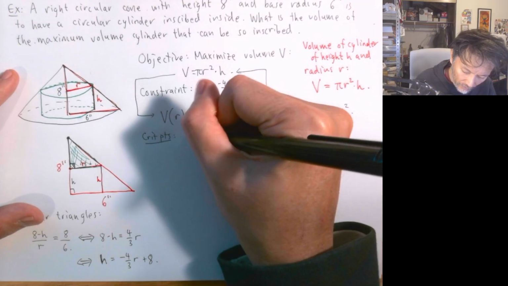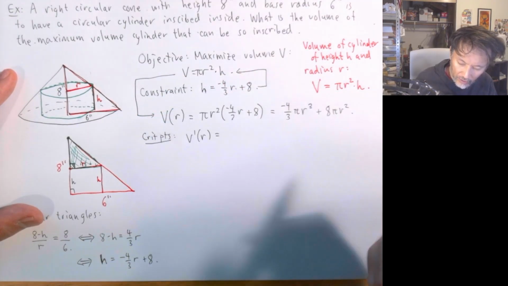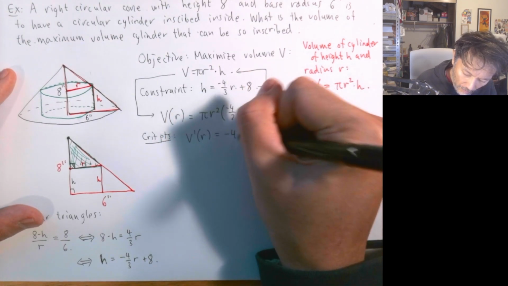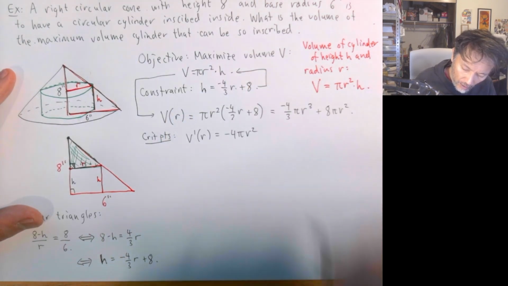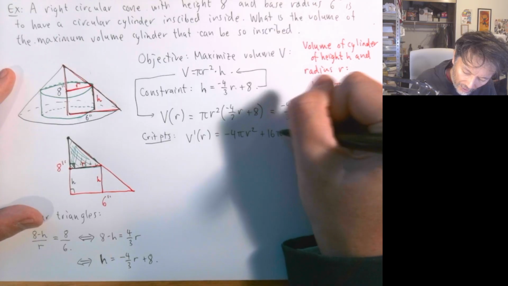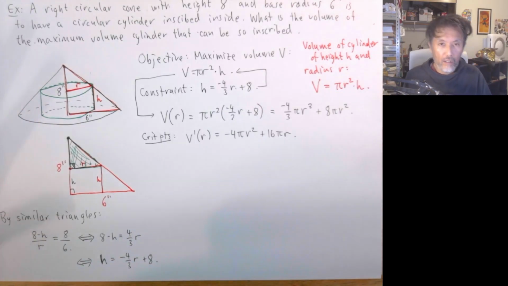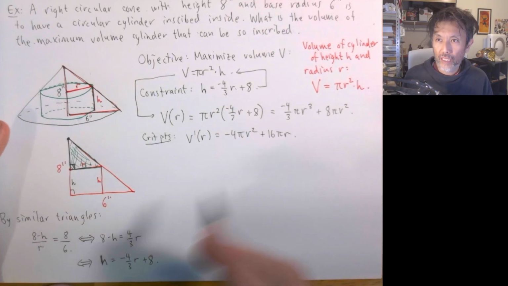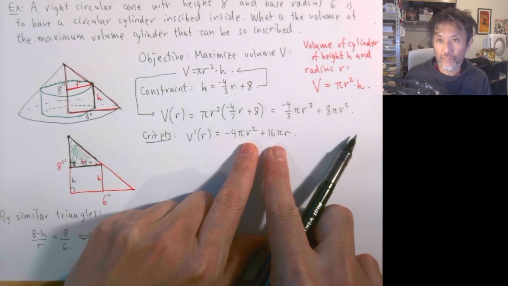So I'm going to look at v prime of r, and this is a relatively elementary computation. It's negative 4 pi r squared plus 16 pi r. That's the derivative.